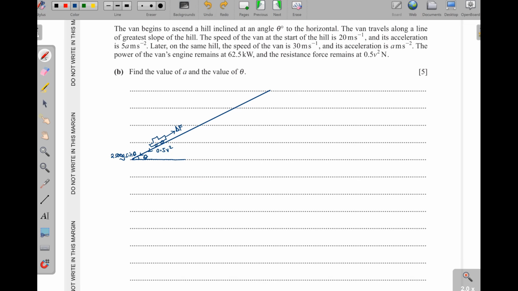Then from there, what do we need? This one is going up, and the acceleration at this point, they said, is equal to 5a.